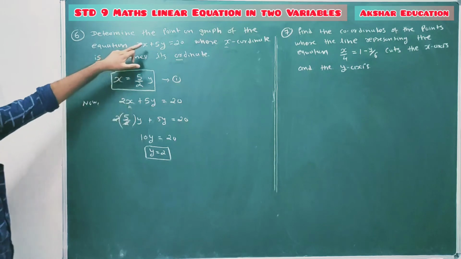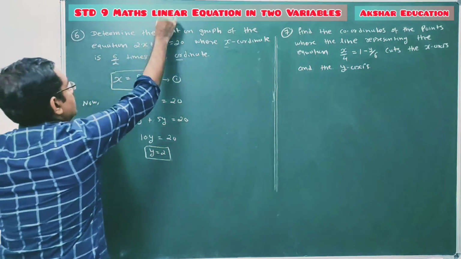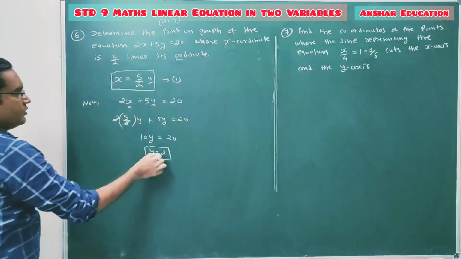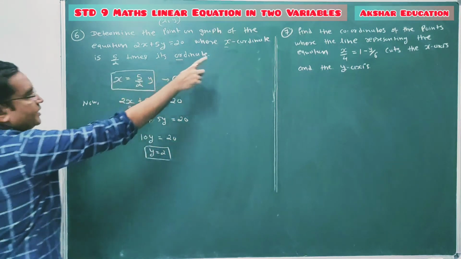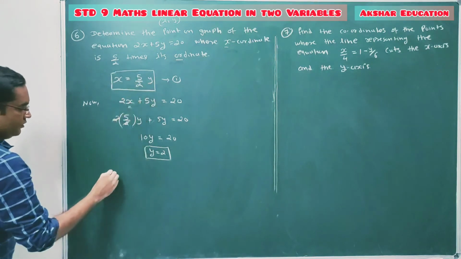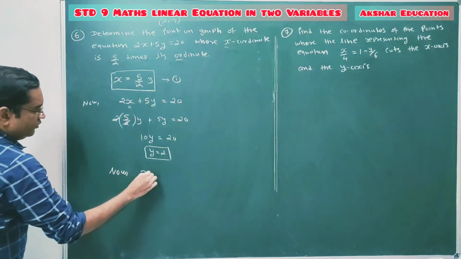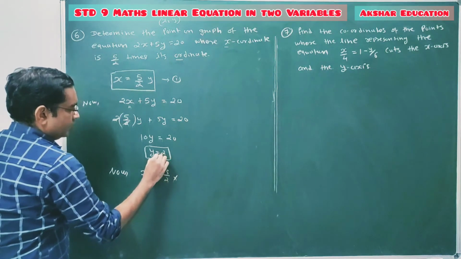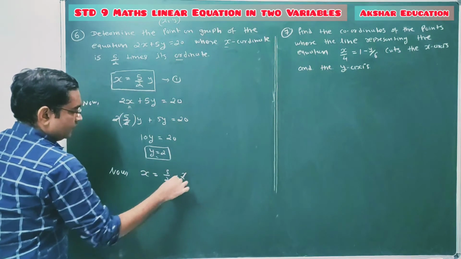We require a point. Point means its coordinates, x coordinate as well as y coordinate. So y is 2, and the condition for the x coordinate is given: the x coordinate is 5 by 2 times its y. So now we can find the value of the x coordinate, which is 5 by 2 times its ordinate. Ordinate means the y coordinate, which is 2.